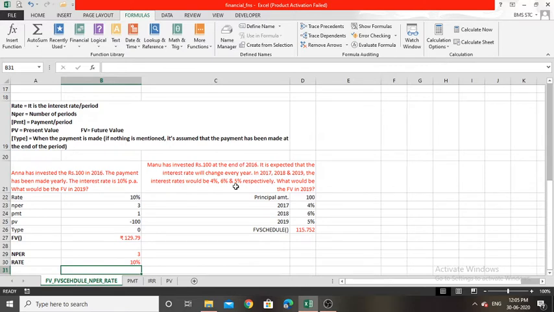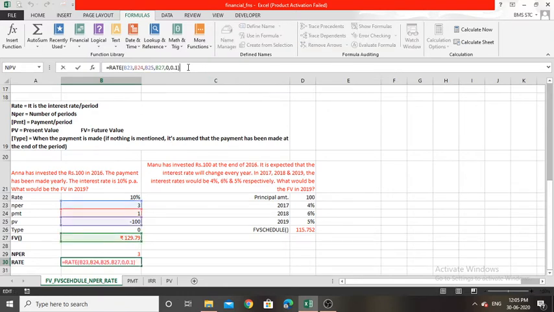So guess is a default value. If nothing is given, you can simply give 0.1. Usually in a question the guess value will not be provided, so you simply put 0.1. That means the percentage value, so you have to make it 0.1.